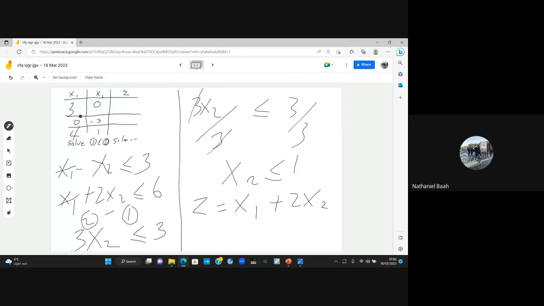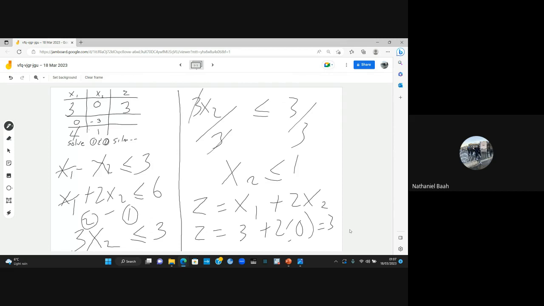So now, when x1 is 3, I'll put 3 here, and x2 is 0, I'll put 0 here. So I'm going to get Z is equal to 3 plus 2 times 0, which is going to be 3. So my Z here is what? 3.